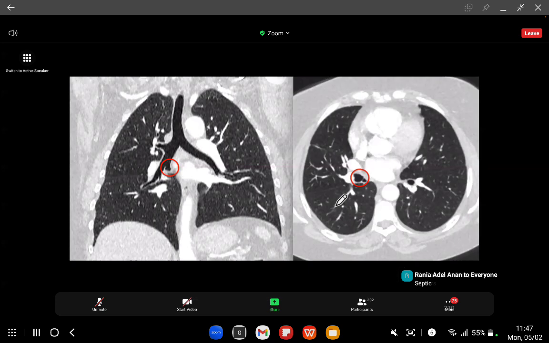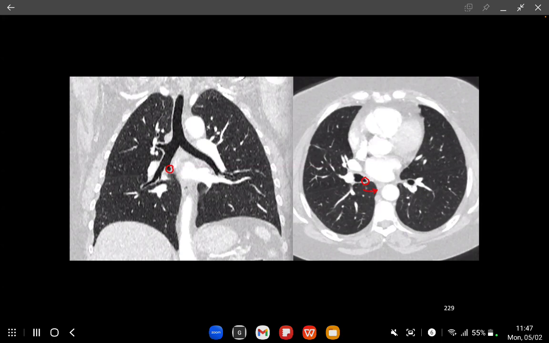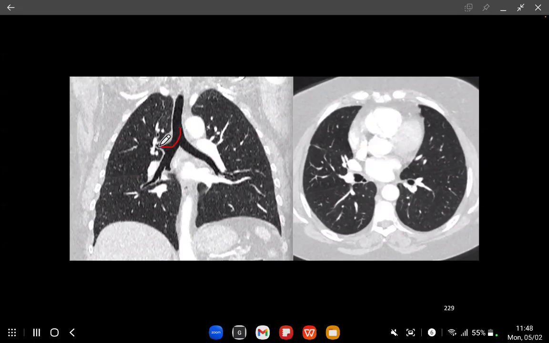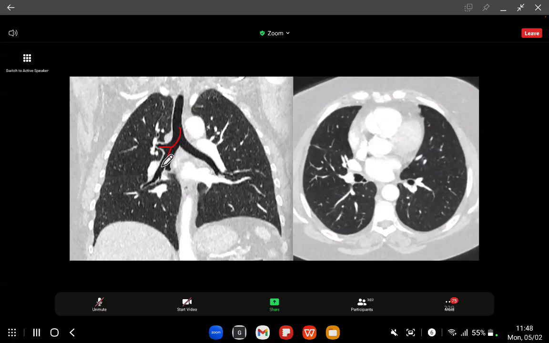Right, the cardiac bronchus again. If I just delete the ink, there you go. So there's the right main bronchus, right upper lobe bronchus, bronchus intermedius, right lower lobe bronchus here.